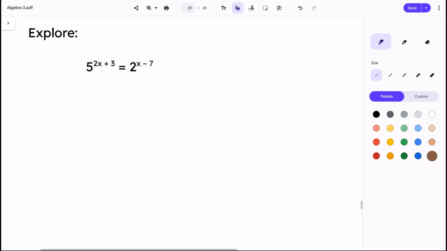Okay, so what I would have done to get this started is added on the natural logs to both sides. Then I would have moved my exponents to the front.